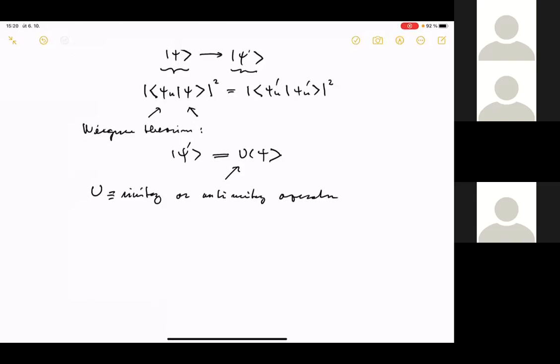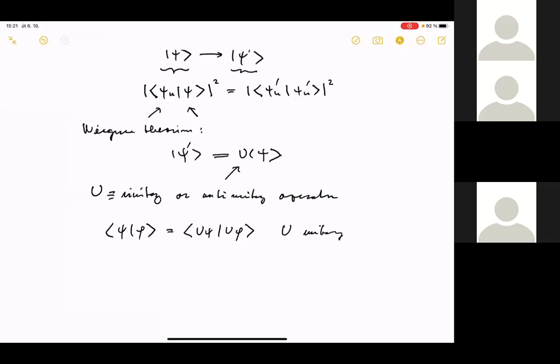You of course know what a unitary operator is. This is a linear operator which preserves the norm of the vector. So if we have two vectors, their scalar product is preserved by a unitary transformation. This is the case when the operator U is unitary.